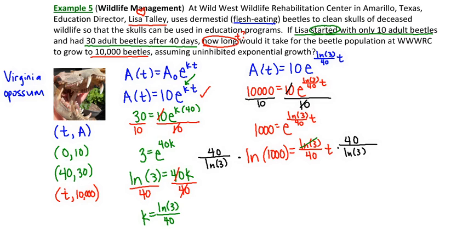That is going to cancel the coefficient of t on the right side, and I'm going to switch it around. Let's put t on the left. We'll have 40 times natural log of 1,000 divided by natural log of 3. So that's our exact solution, by the way. After that many days, she will have 10,000 beetles.